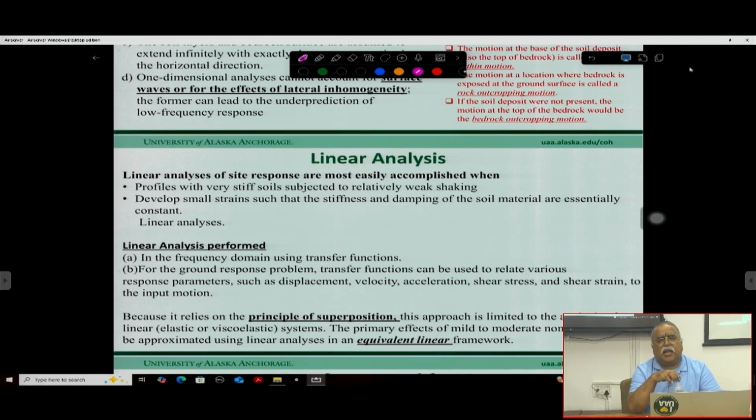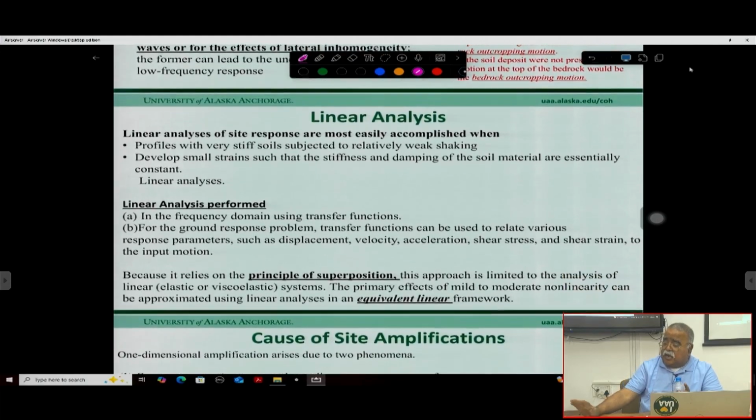So we are saying that not a high level of strain, but a little bit of strain is developed, which basically depends on the modulus of rigidity and also the damping part of the soil, right? So that is an equivalent linear analysis. It is not the totally linear method.